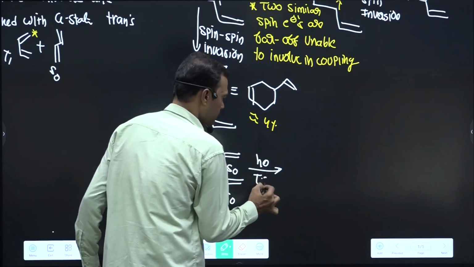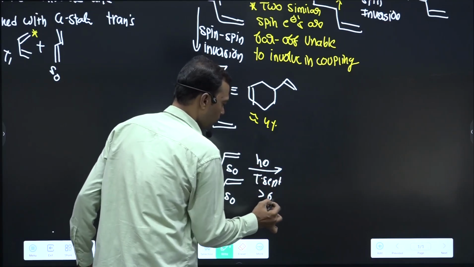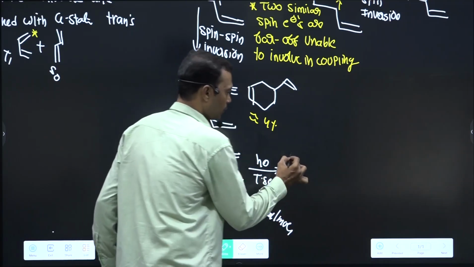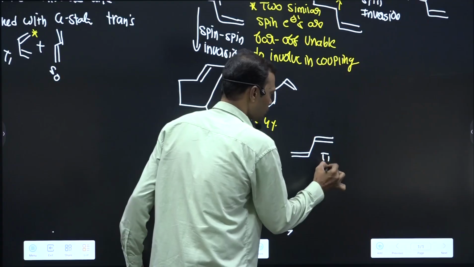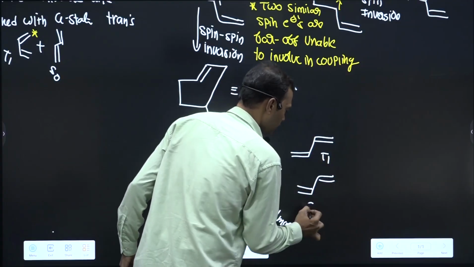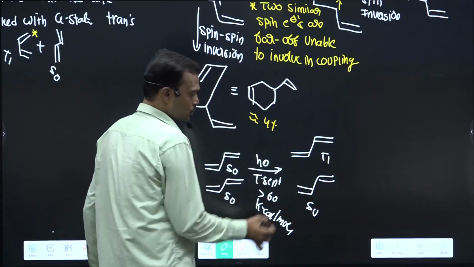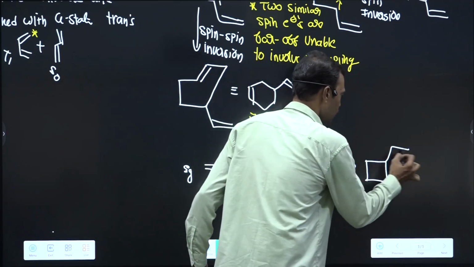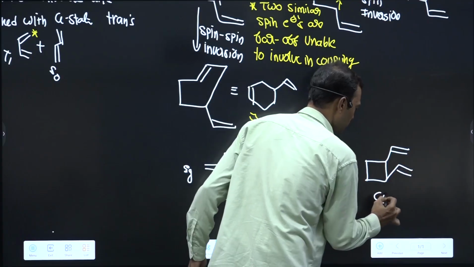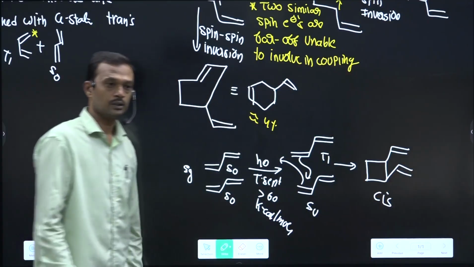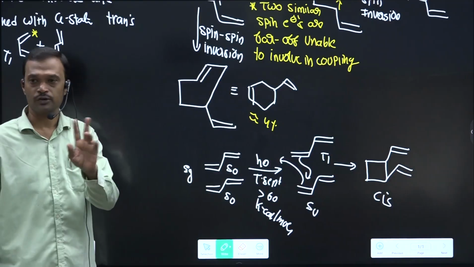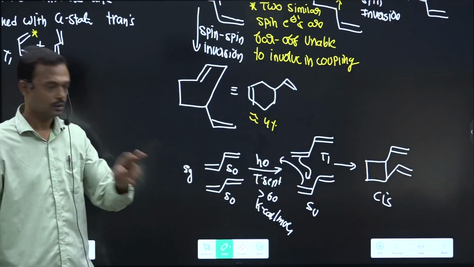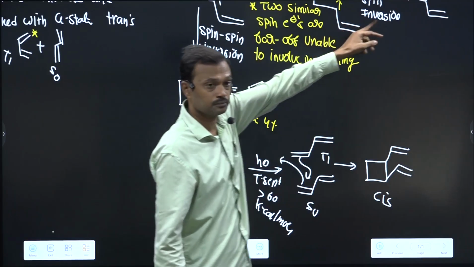Photochemically, with a triplet sensitizer of more than 60 kilocalorie per mole, this becomes T1 state, and this is S0. So can I write directly that this and this get combined together? After combining these two, you will get this product. What about this isomer? Cis. If cis and trans combine, that is different. But when trans combines, two products are expected, trans and cis. So this one is major every time.